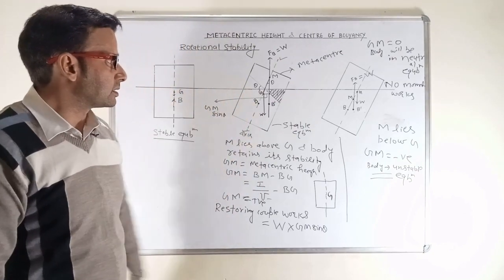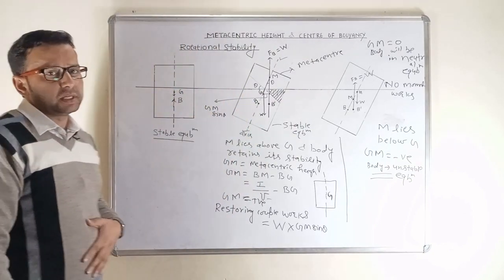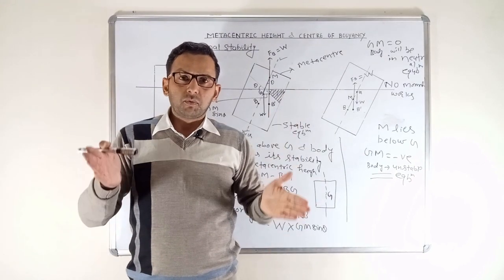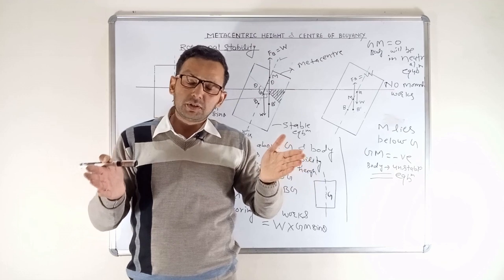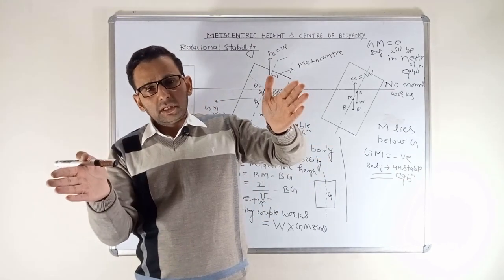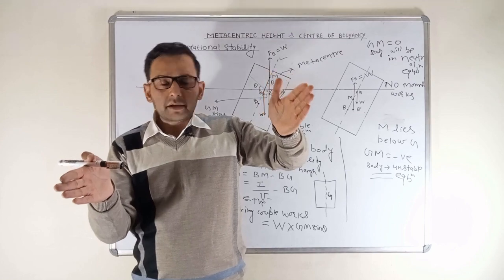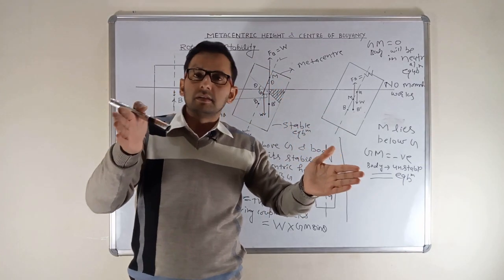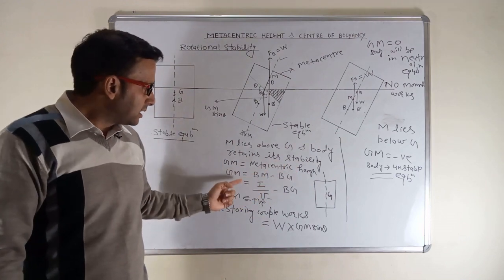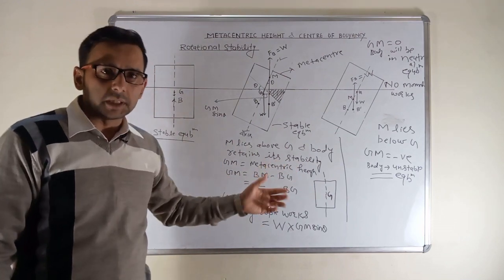Okay, there are the three cases. Now what is the application of these cases? You might have seen a ship floating on the sea or on the ocean. See, if it rotates, then it again comes back into its original state very easily. Why does this happen? Because in that case, metacentric height GM is positive.